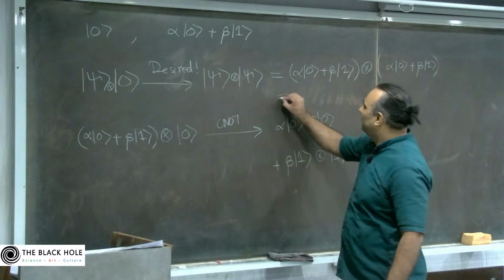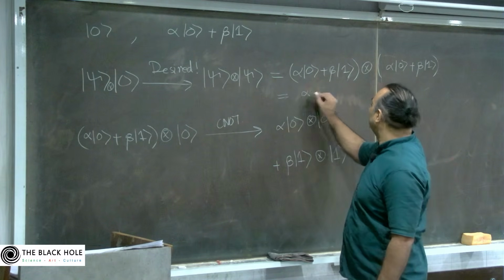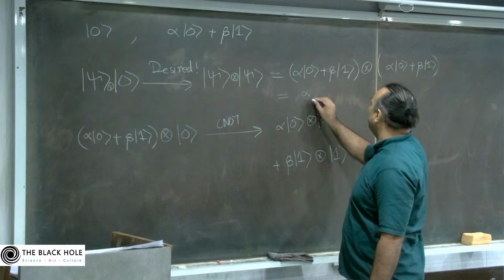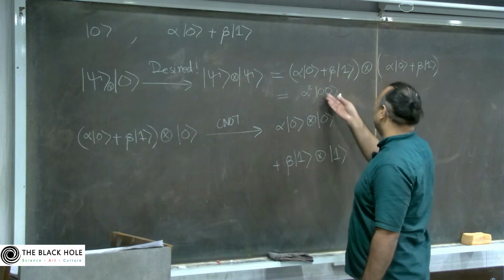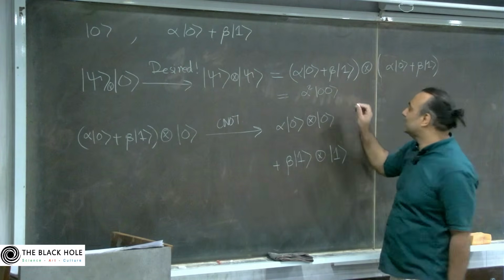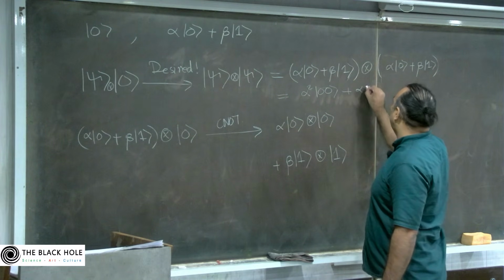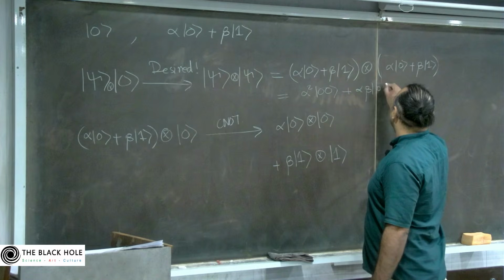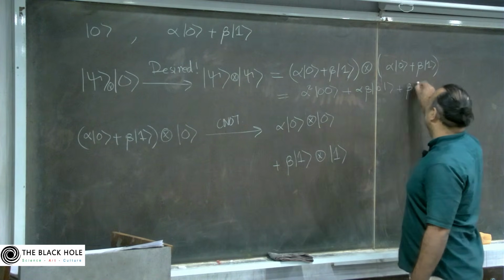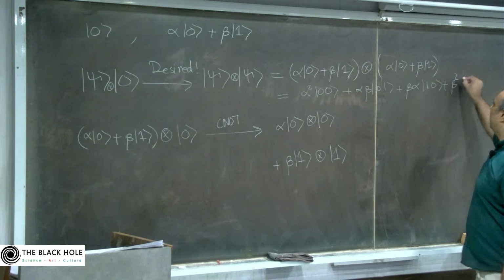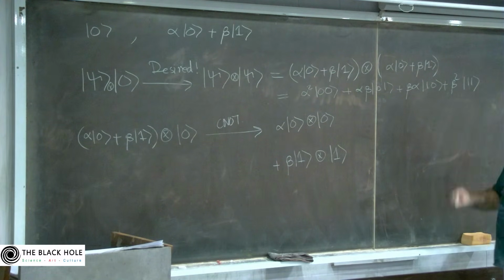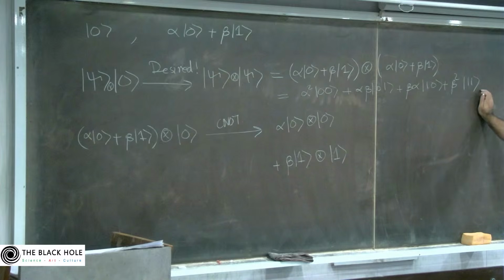You can open it up and see it's alpha square 0 0, let me use this shorthand notation, plus alpha beta 0 1 plus beta alpha 1 0 plus beta square 1 1. So we wanted to get this. Yes.